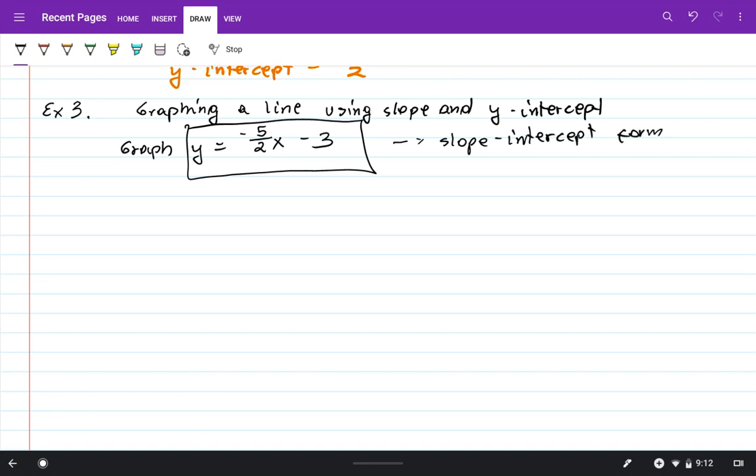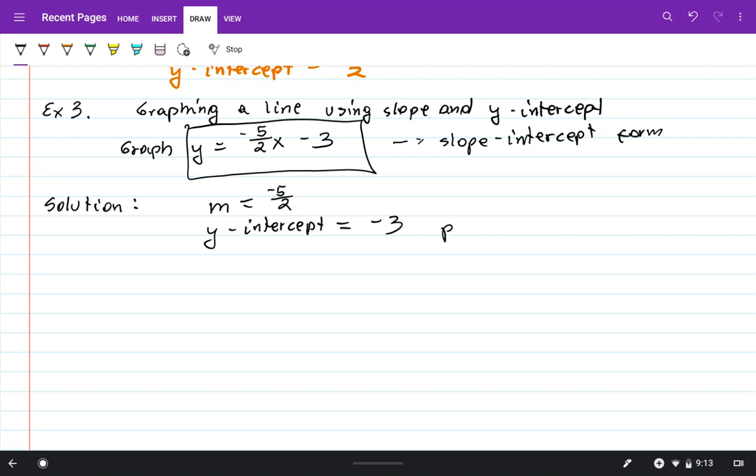You have that y is equal to mx plus b. So we know that the slope is equal to negative 5 over 2. Okay, when I have a negative, I like to bring that negative to the numerator. And the y-intercept is equal to negative 3.